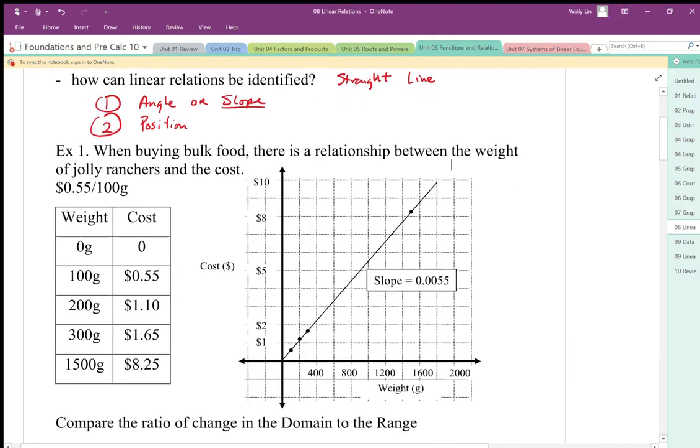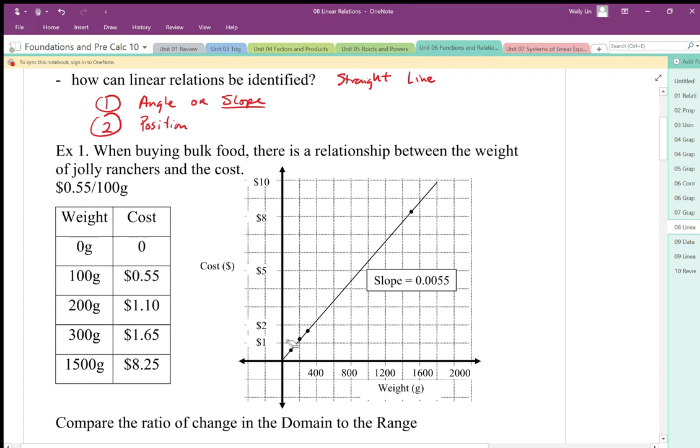So here we have a relationship between, it looks like, the weight of Jolly Ranchers and the cost of Jolly Ranchers. If we buy 0 grams, it costs us nothing. If we buy 100 grams, it costs us 55 cents, and so on. And we graph this line here.